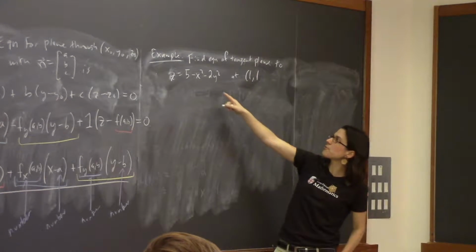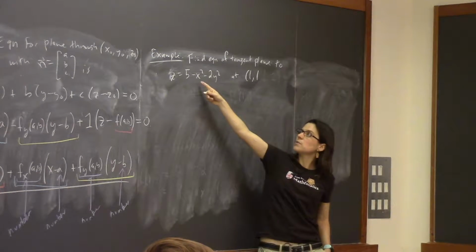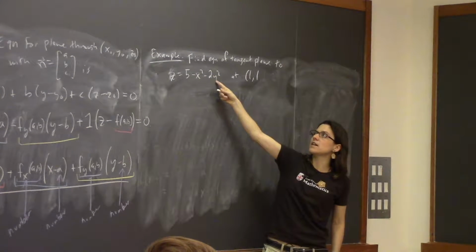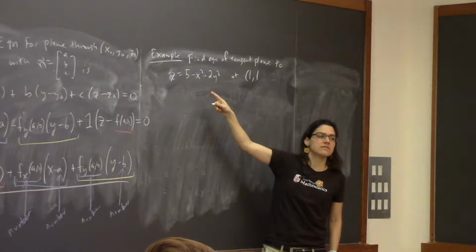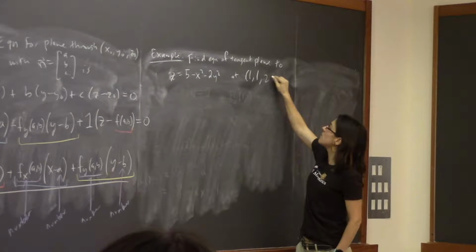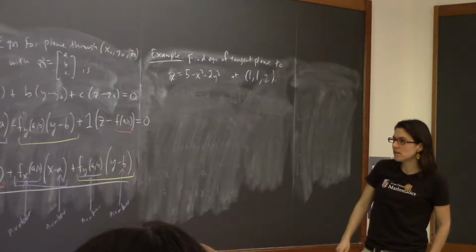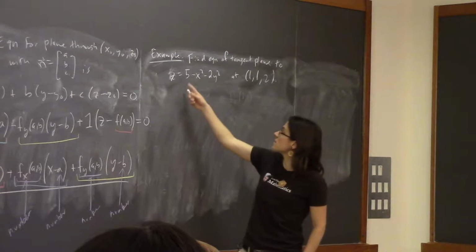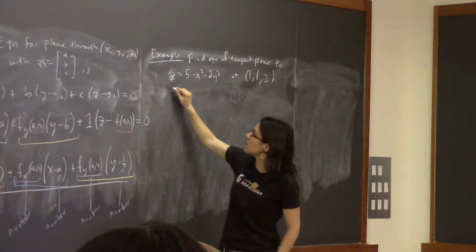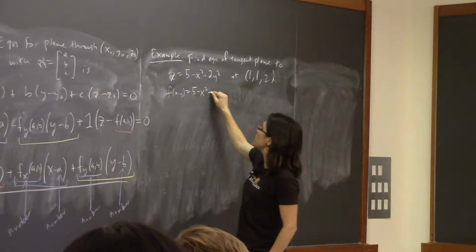But this is in 3 dimensions, so I need a third component. If you plug in 1 for x and 1 for y, I think you get 2. 5 minus 1 minus 2 is 2. So at (1, 1, 2). Okay, that's what we want to do. So this is our function, f of (x, y), which is 5 minus x squared minus 2y squared.